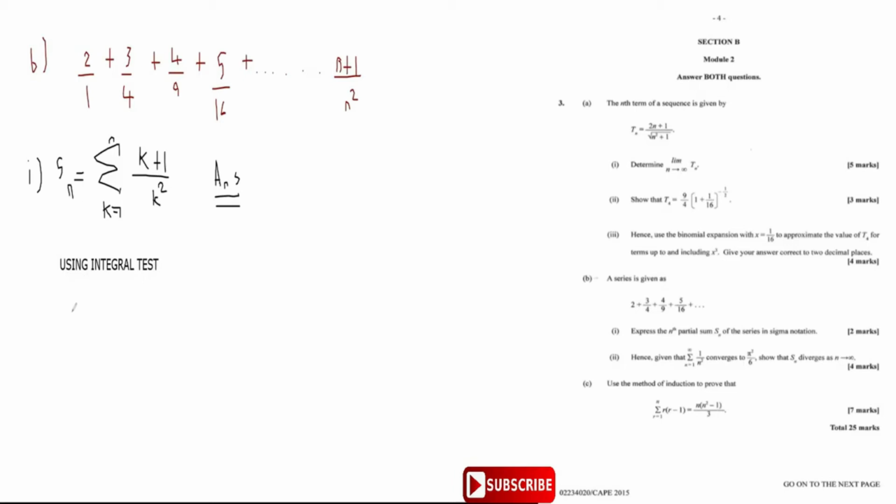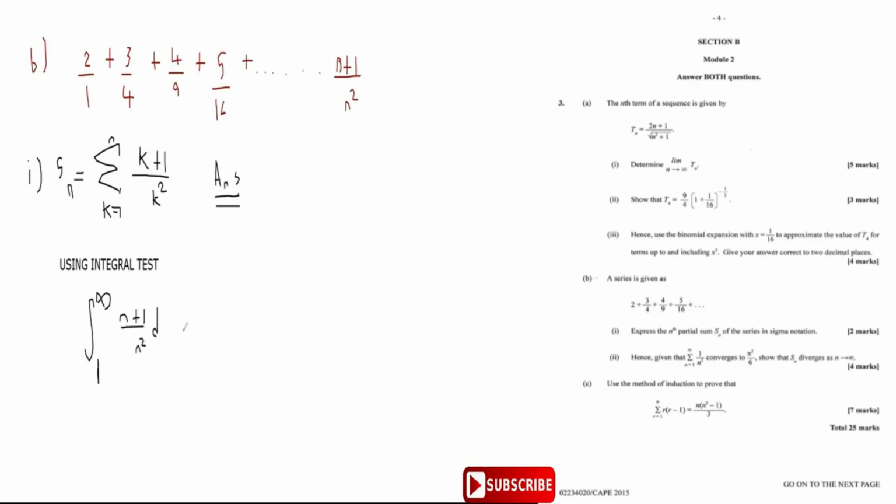So you have the integral from 1 to infinity of, since you're using n down here, let's use n, n plus 1 over n squared dn.